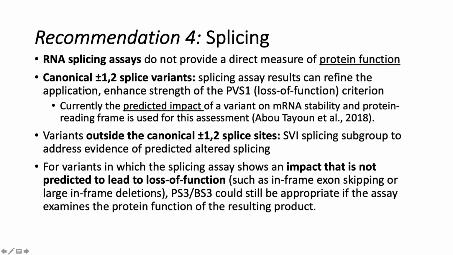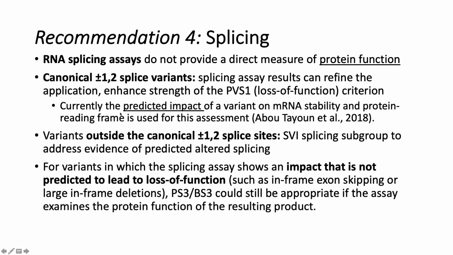So for the canonical +1 and +2 splice variants, the splicing assay results can actually help refine the application or enhance the strength of the PVS1 loss of function criteria using the decision tree as recently laid out by the SVI.